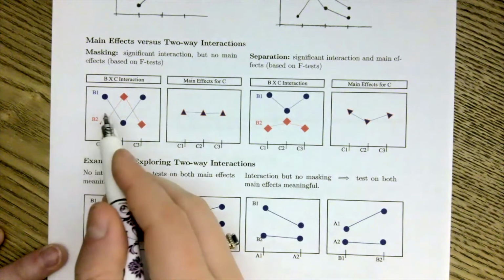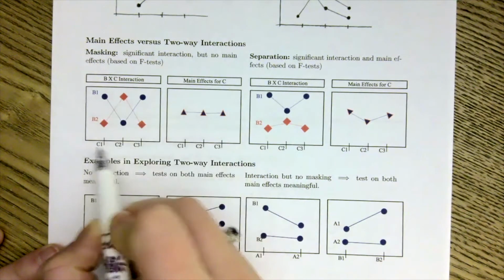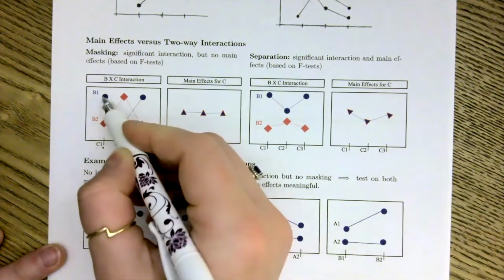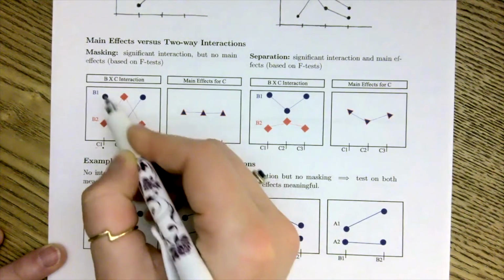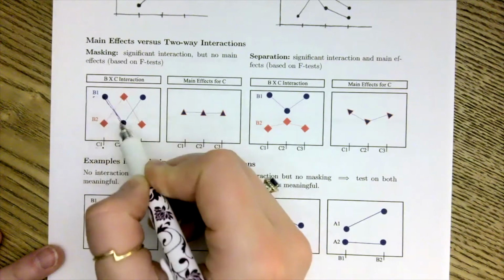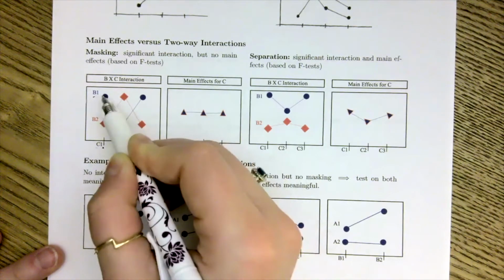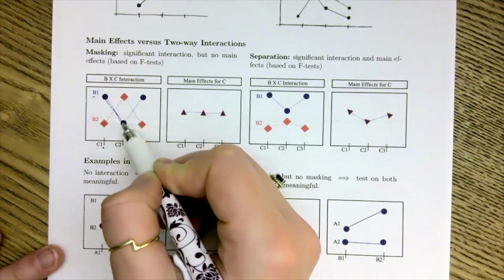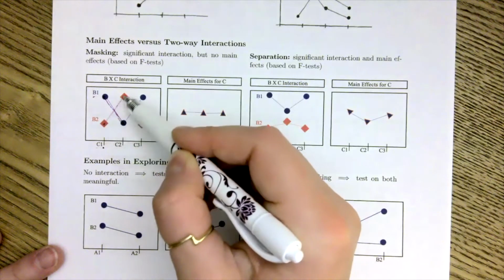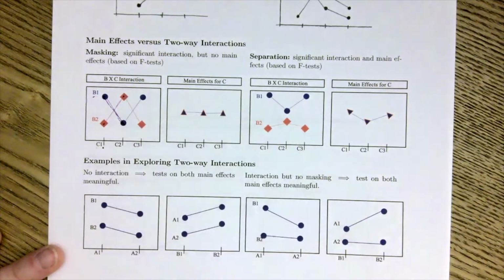So here, in this case, the effect of factor C is changing and decreasing for treatment B1 from C1 to C2, while for B2, we see that it's increasing. And so this shows we have an interaction.